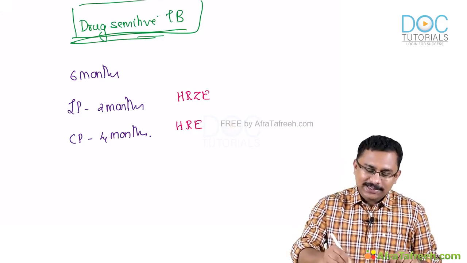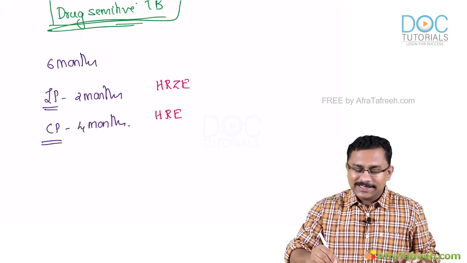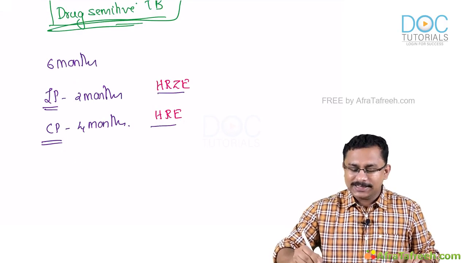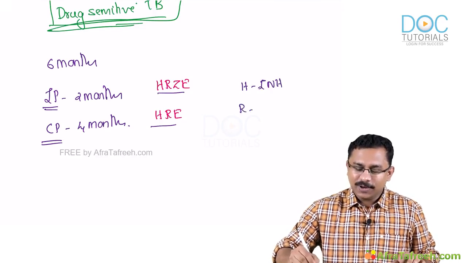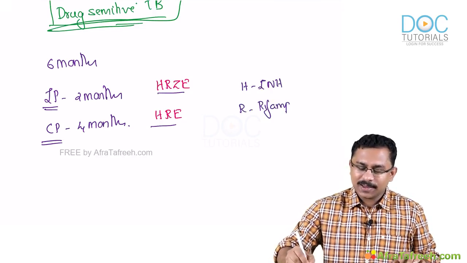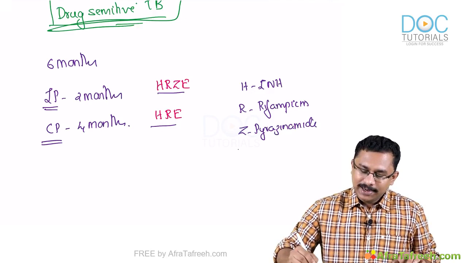First of all, let me tell you these abbreviations: H is for INH, R is for rifampicin, Z for pyrazinamide, and E is for ethambutol.